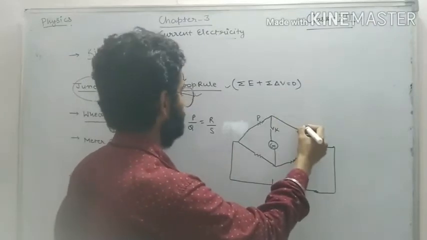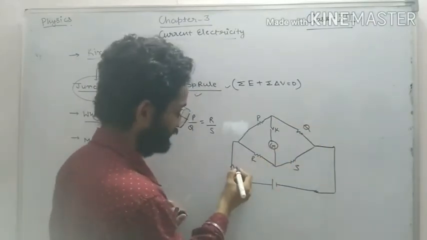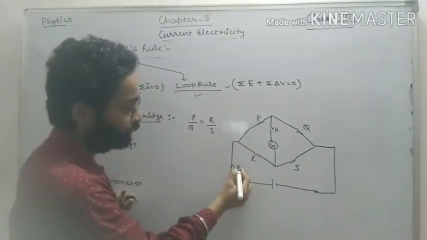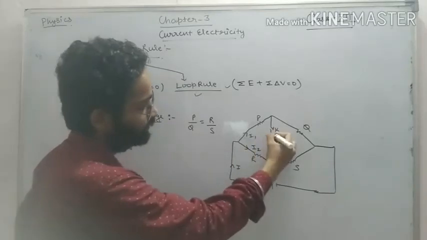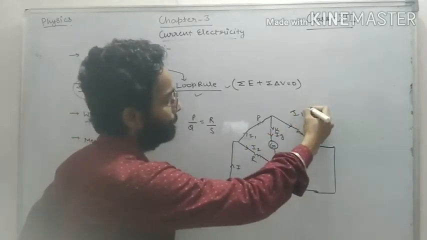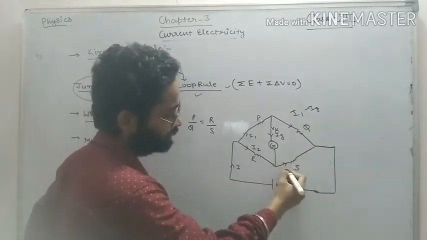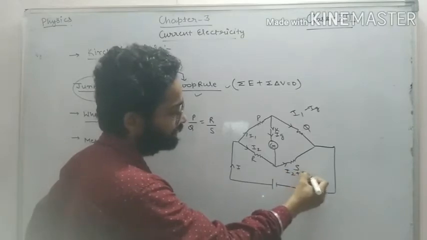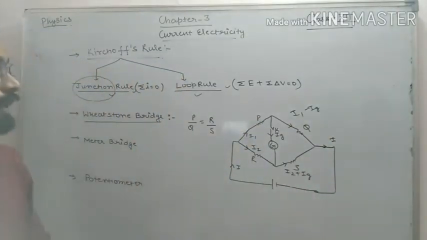This one is P, Q, R, S. The current I can flow here. There would be I1, there would be I2, there would be IG, there would be I1 minus IG, and IG plus I2 or I2 plus IG, and again there would be I. So this is the circuit of the Wheatstone bridge.